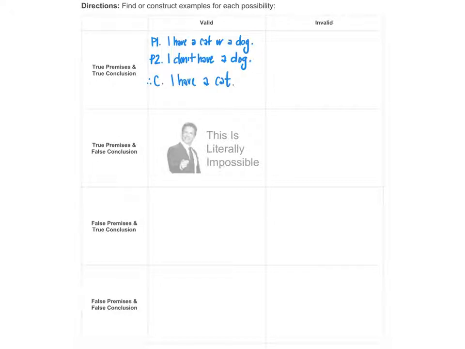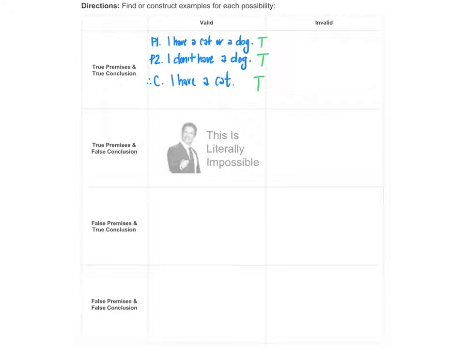Now, this is a case where the premises and conclusion all happen to be true, assuming that I refers to me. It's true that I have either a cat or a dog, and it's true that I don't have a dog, as much as I want one, and it's true that I do have a cat. So this is an example of a valid argument that happens to have true premises and a true conclusion, which means that it's sound, because it's valid and also has true premises.